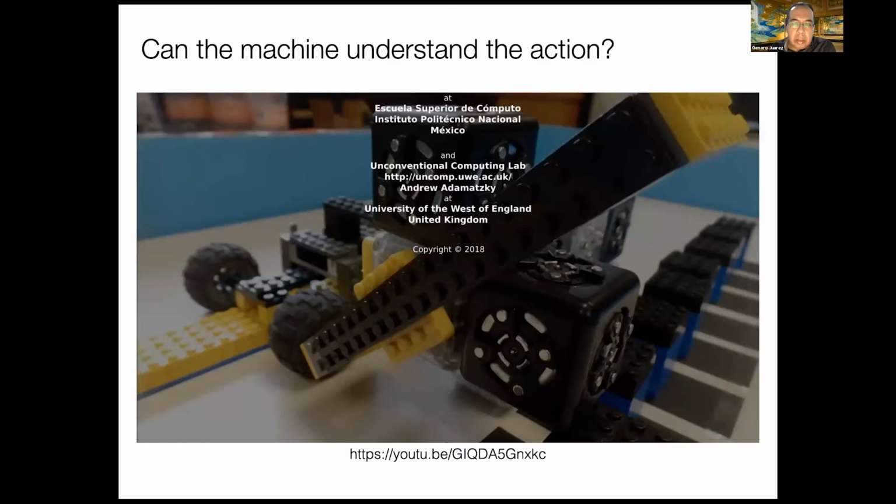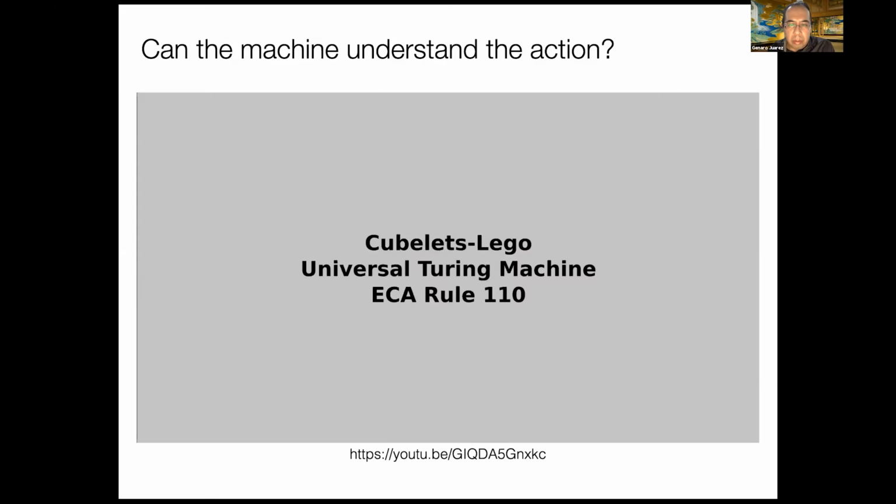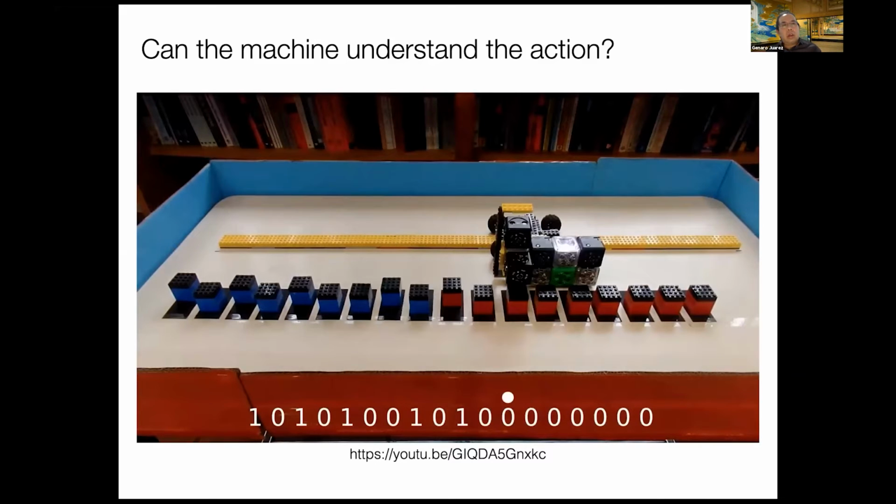In this case, the binary value only is determined by the position of the block in the tape. If the position is near the machine, the value is 0. In other case, the value is 1.